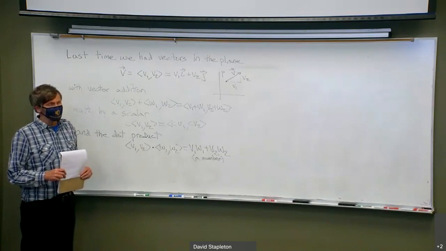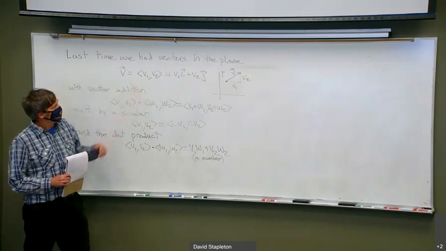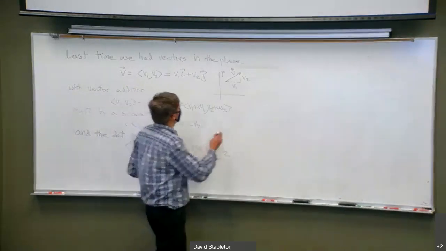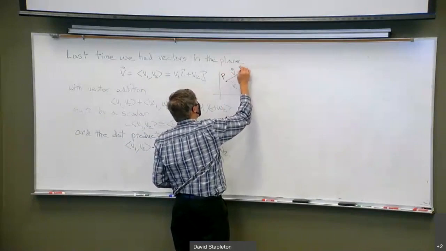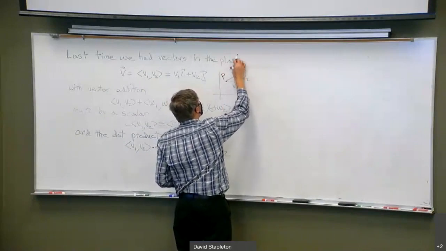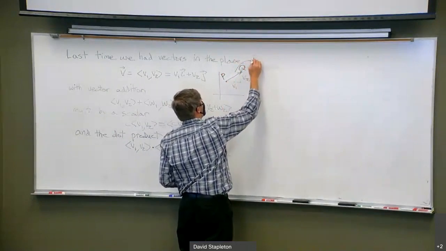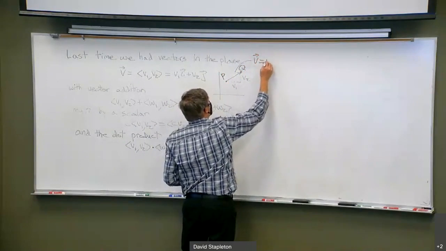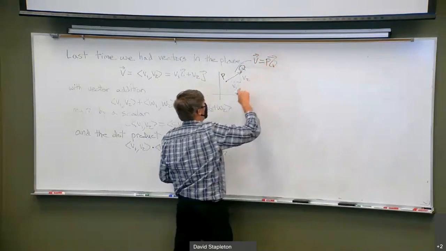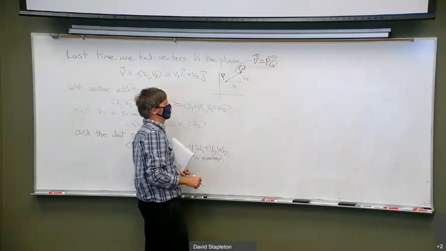A vector in the plane is nothing more than a directed line segment in the plane. In other words, a vector from point P to point Q is just a line segment. Here's the line segment from P to Q. Together, the specification gives the initial point and the terminal point, the two endpoints.